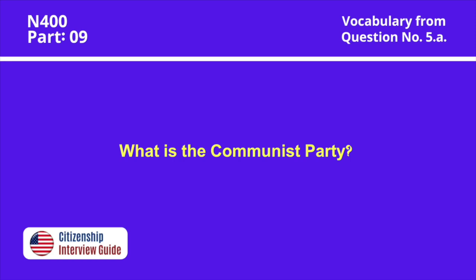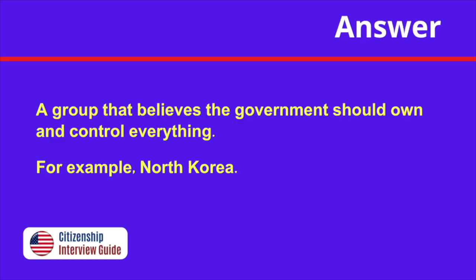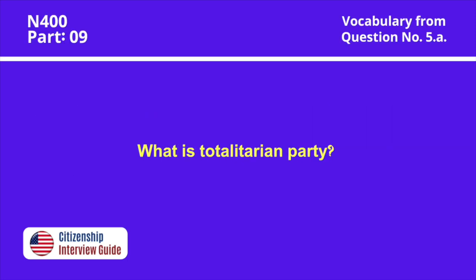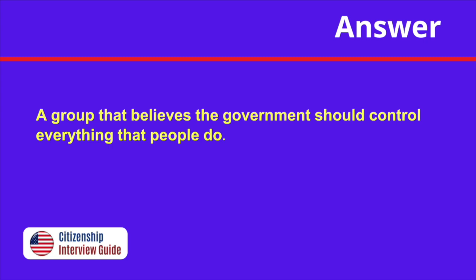What is the Communist Party? A group that believes the government should own and control everything. For example, North Korea. What is totalitarian party? A group that believes the government should control everything that people do.